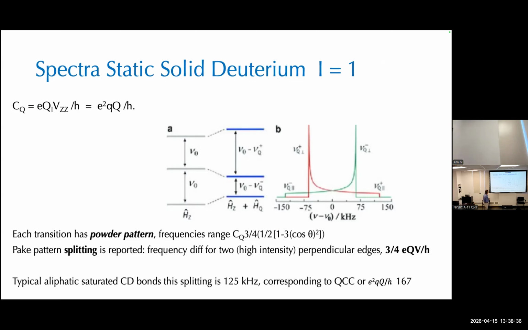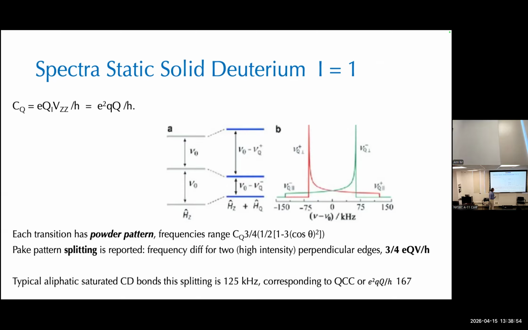But we do have powders for solids, so each transition has a powder pattern, and the frequencies range according to 3/4 of QC, that tabulated quadrupole coupling constant QC.